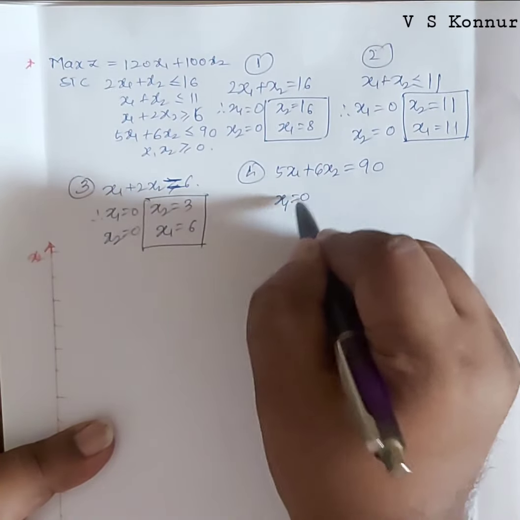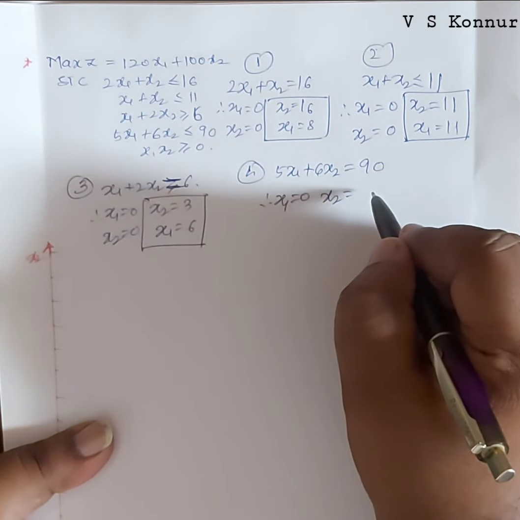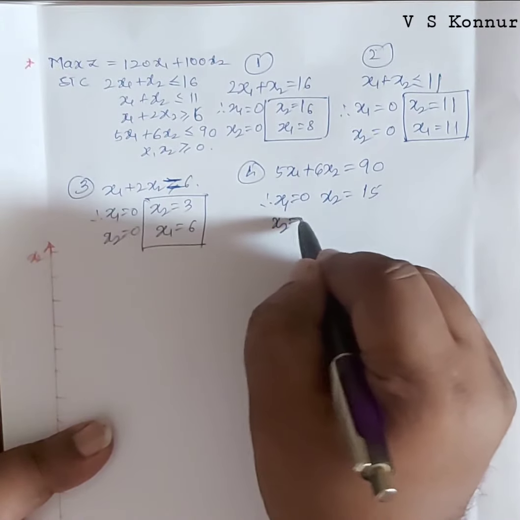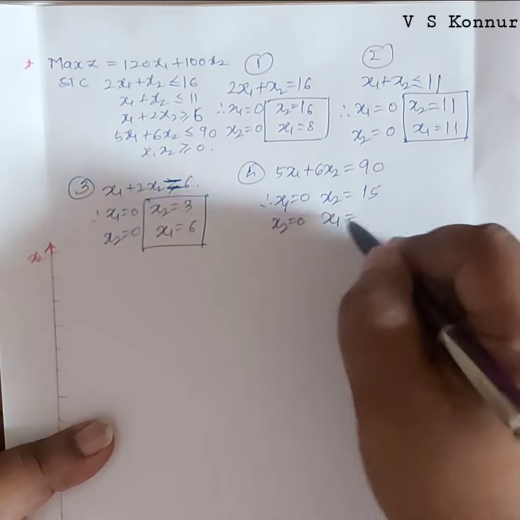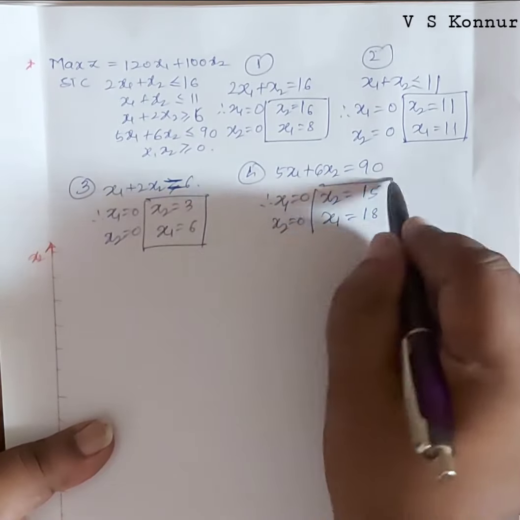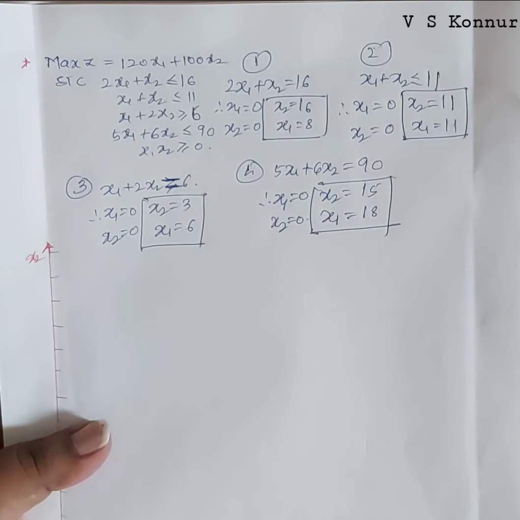Put x1 equal to 0, x2 is equal to 15. Put x2 equal to 0, x1 equal to 18. So we get these four lines from the four constraints.